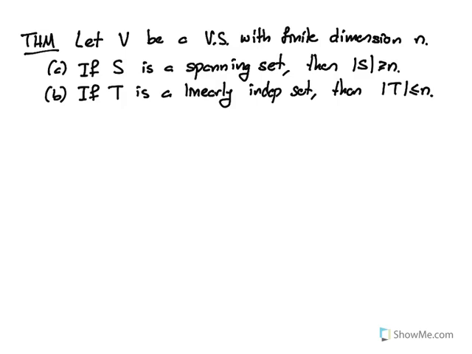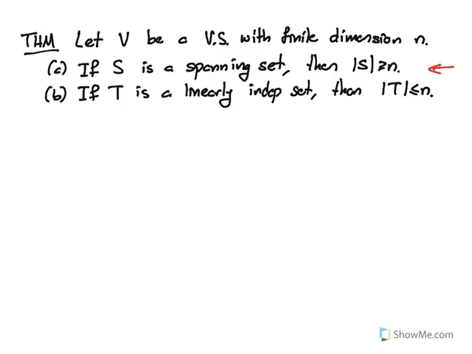Here's a theorem that's really just the mildest reformulation of our basic theorem X from before, but let's write it down to make sure that we remember this. If you're in a vector space of dimension n, then this theorem has 2 components.